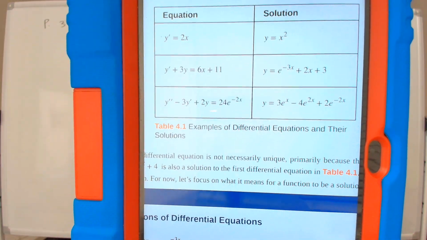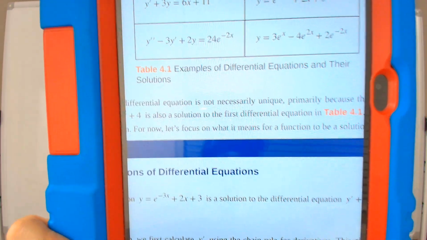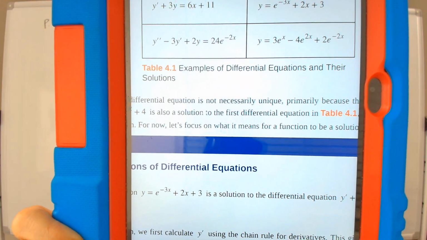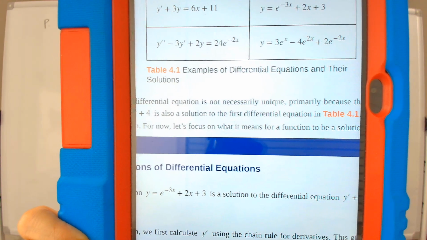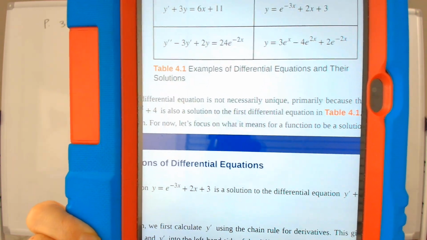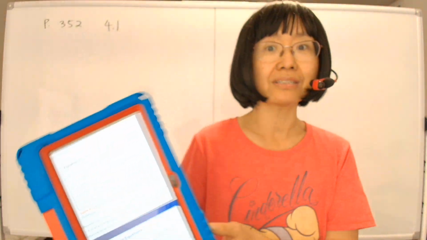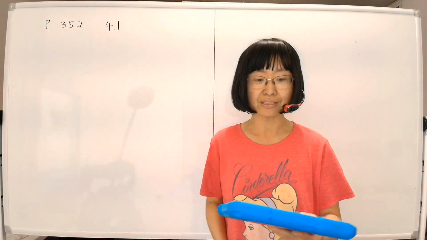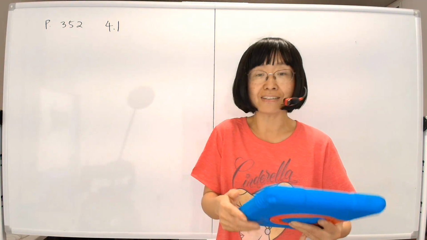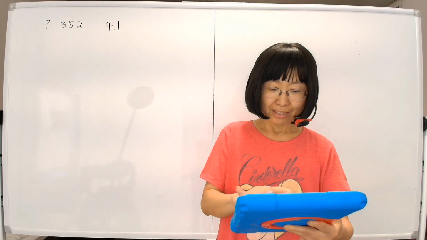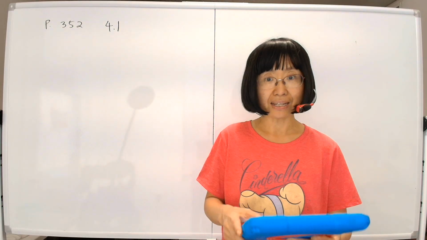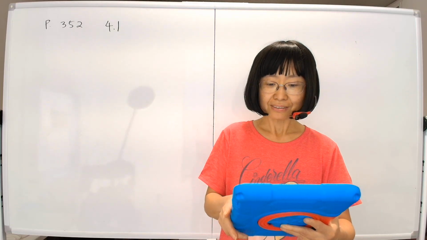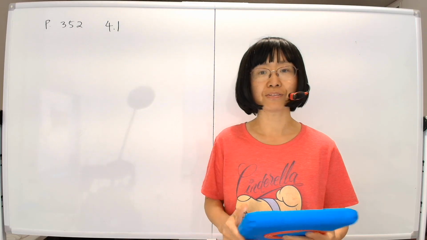But look at the third equation, where you have y double prime, the second derivative, and y prime, the first derivative, and then y itself, all equal to something, and you have to come up with what y might be. That's why it's called a differential equation. You have derivatives within the equation, and you have to somehow decode it. That sounds kind of hard, and it is. However, we're going to start out with something super simple to get us going.